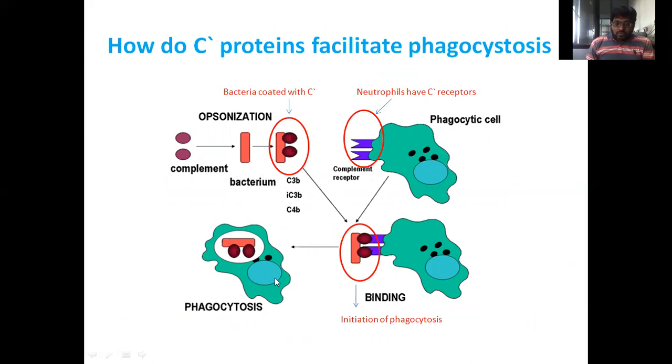This binding of the C protein to the bacterial cells enhances phagocytosis. On the other hand, phagocytic cells contain the complement receptor, and by binding with this, these microorganisms can be destroyed by the phagocytic cells. So this is the triggering process of the microbes for phagocytosis.